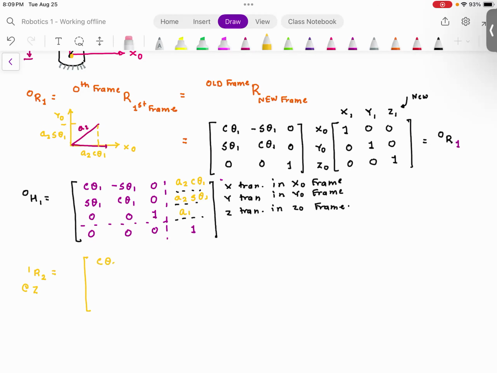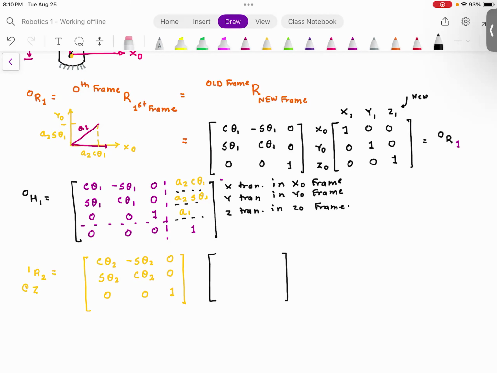Cosine theta 2, minus sine theta 2, 0, sine theta 2, cosine theta 2, 0, 0, 0, 1. Are you with me? And this guy should also be multiplied with the projection matrix.